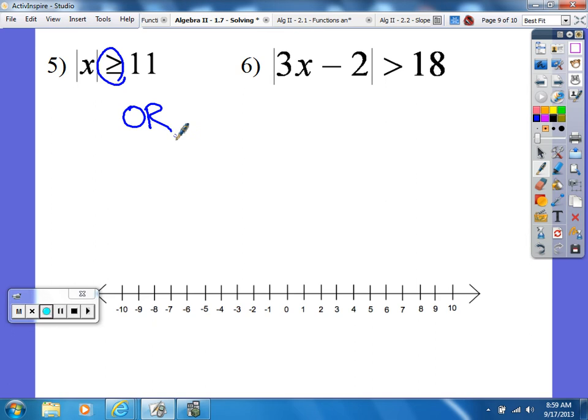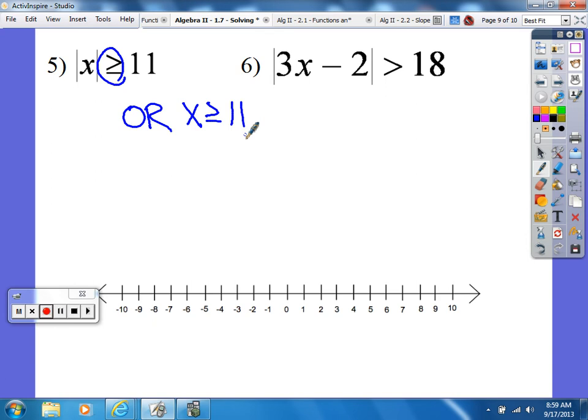Okay? Notice I wrote the word or. That's going to be necessary here. Now, see how this is just x is greater than or equal to 11? I write that on the right side. So I rewrite the problem on the right side without the absolute value sign.